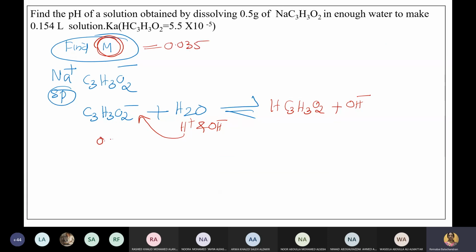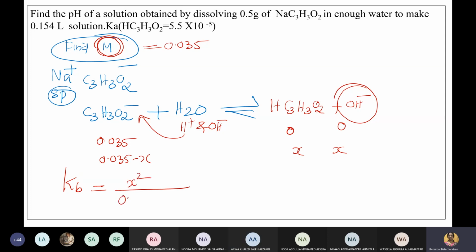So here I will write 0.035, here it is 0, 0, and 0.035 minus x, x. Instead of Ka, I have to write Kb. Why? Because here it is OH minus. So Kb is equal to x square over 0.035 minus x.